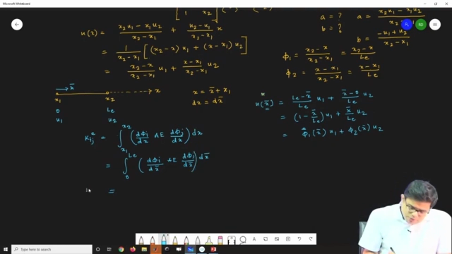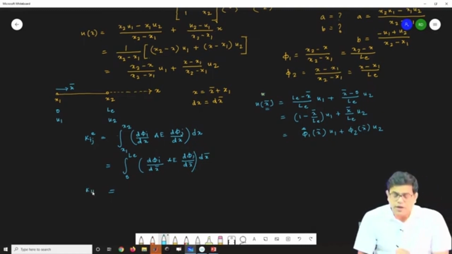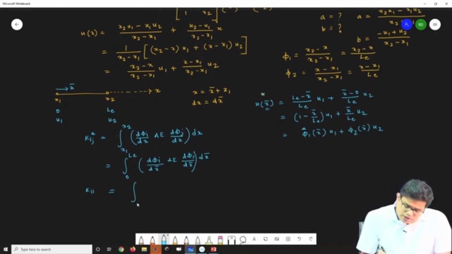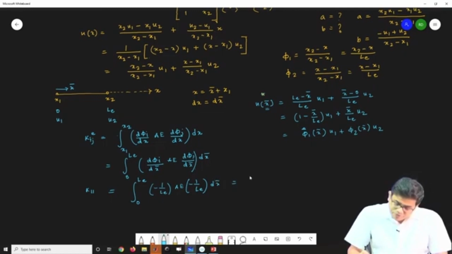The first term, K11, is the integral from 0 to LE of dphi_1/dx, which is minus 1 by LE, times AE, times the other derivative, also minus 1 by LE.